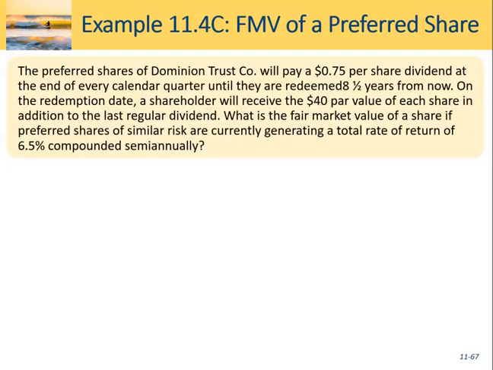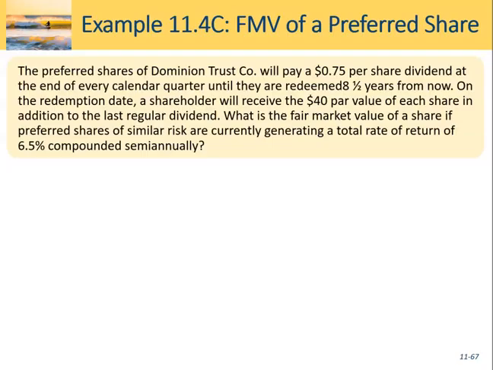Not only will we receive 75 cents every quarter, as well as when it's redeemable, we're also going to get the par value of the share, or $40. So that's like a question we did a couple of questions ago, where in the end the future value was 1,000. In this case, the future value, instead of being 0, is $40.